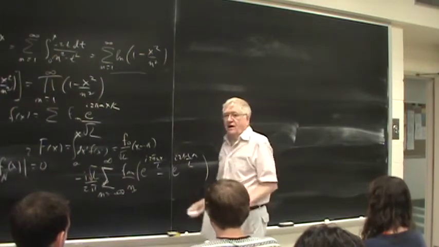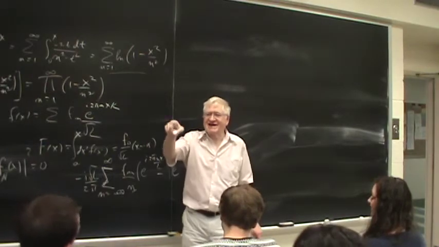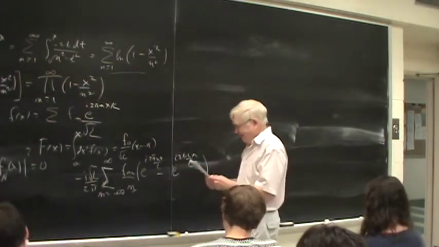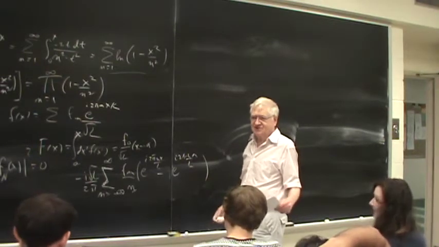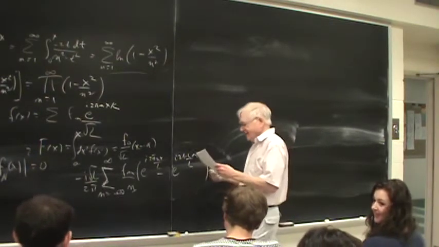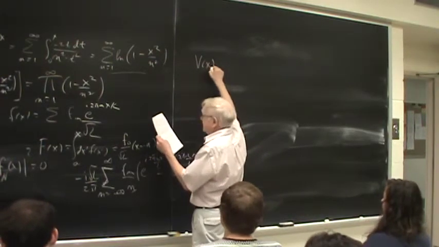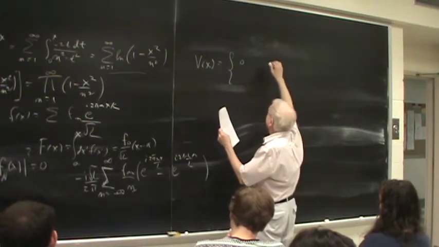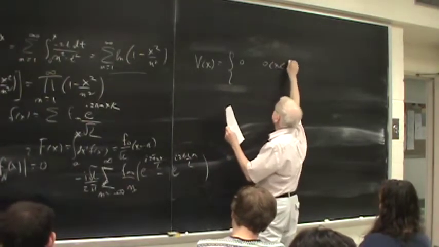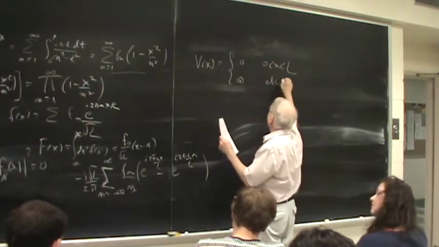Okay. All right, so listen, you who haven't yet had quantum mechanics, you're going to learn it now. But if you don't understand it, it doesn't matter. So I'm going to take a nice potential. V of x is 0 for 0 less than x less than L, and it's infinity otherwise.